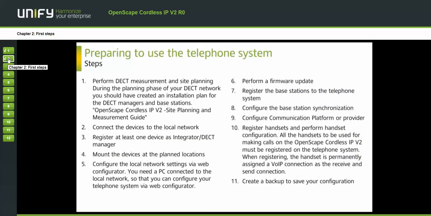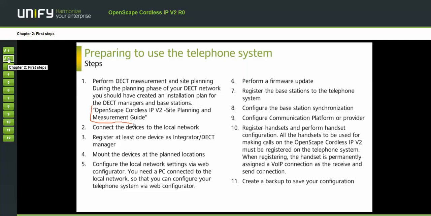Then you connect devices to a local network. We have power over Ethernet class 3. If you don't have that available, it's also possible that you use a power injector like before. Then you need to register at least one device as DECT integrator or manager. So if you have one cluster, it's sufficient to have one manager.